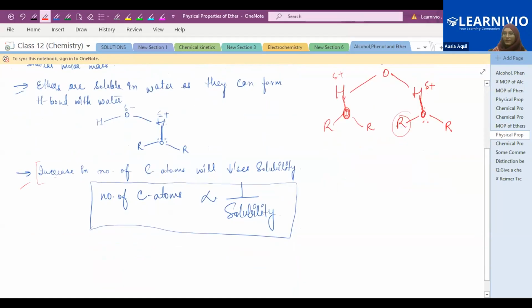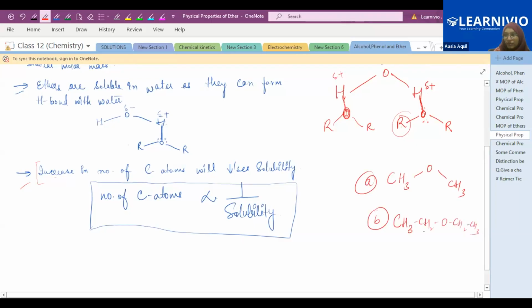If they give you a question, arrange in order of increasing solubility, and they give you this ether, CH3OCH3. Second, they give you CH3CH2OCH2CH3, diethyl ether; this is dimethyl ether.